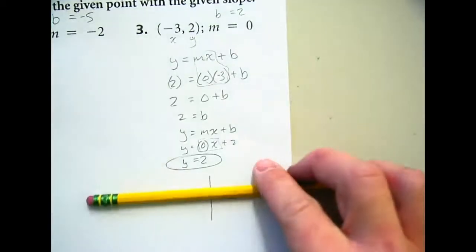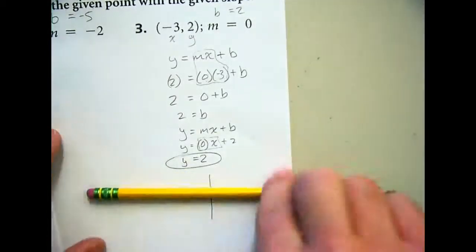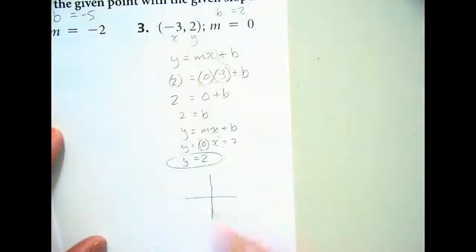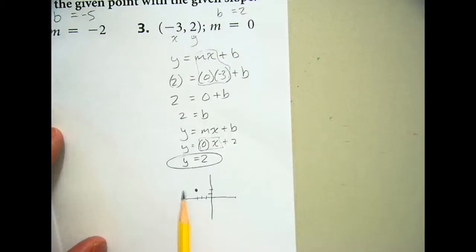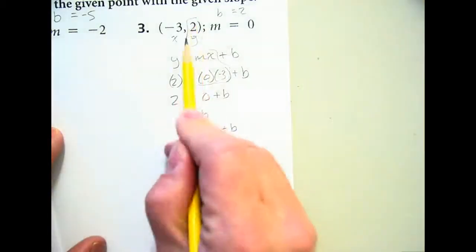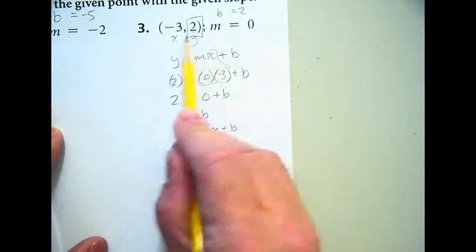It's usually only going through y or x? Y. Usually only going through y. Which means in this point, if I have the point -3, +2, well, that's this point right here. If it's only going through the y-axis, it's going through that point at 2. That's our equation, y equals 2. Okay, so if you can think through and you go, whoa, this is a 0 slope, that's easy, man. It's just my y value.